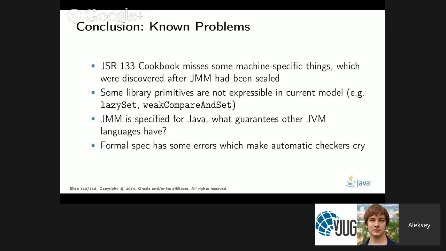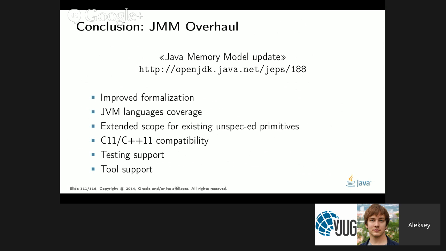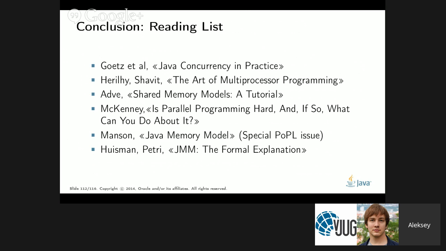And the formal spec has some issues, especially in the out-of-thin-air values and causality requirements, things that require rehashing. So this is why we have the Java memory model update, and everything that I told about under JMM9 is part of that effort. You can probably read more there.